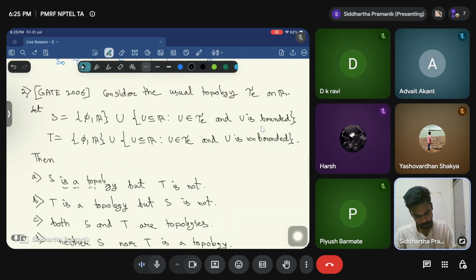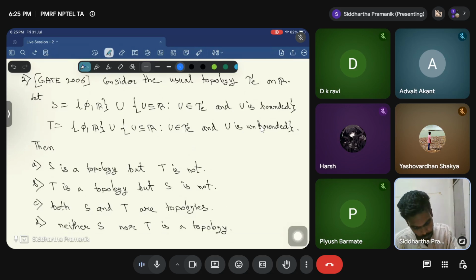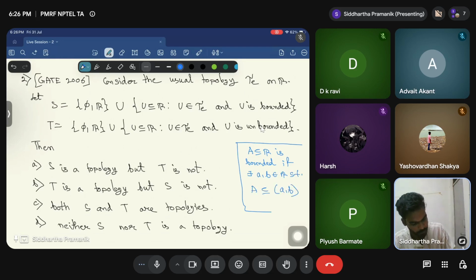Okay, so I hope you have understood the problem. So maybe you will write down the definition of bounded set here. A set, let's say A subset of R, is bounded if there exist two real numbers, let's say a and b belonging to R, such that A is a subset of this open interval (a, b).